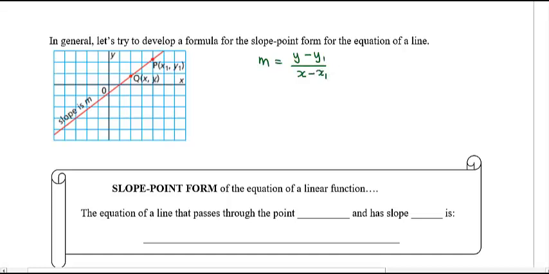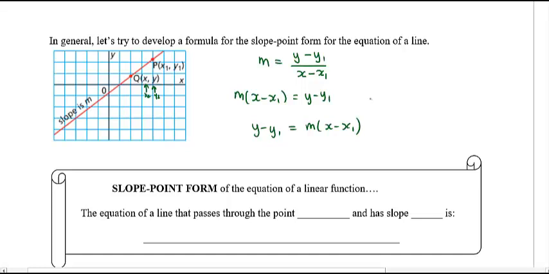Remember, my x sub 2, y sub 2 is this coordinate here. Okay, what do we do before? Well, we multiply both sides by the denominator. And a lot of times we just switch it so that the y value is on the left side and the x value is on the right side. And there you have it.